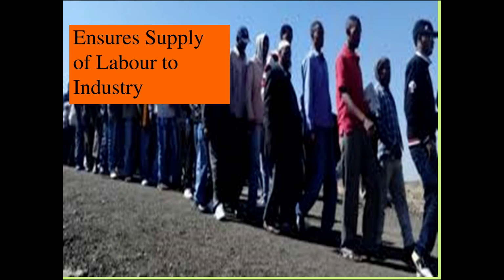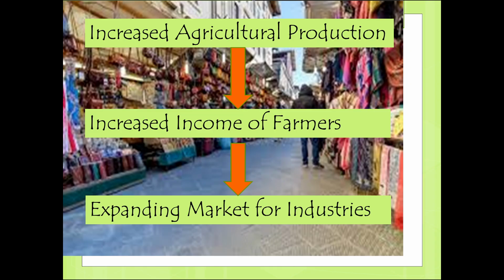When there is more income generation among individuals, it leads to more demand for industrial commodities. So they meet the demand for industrial commodities when there is more circulation of income among the farmers in the economy.